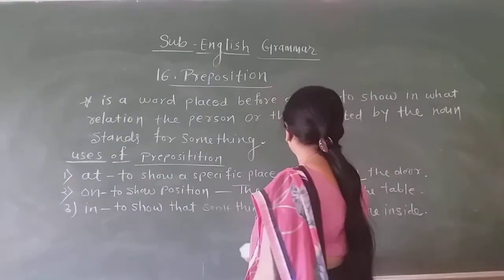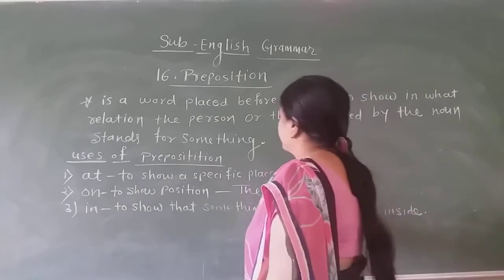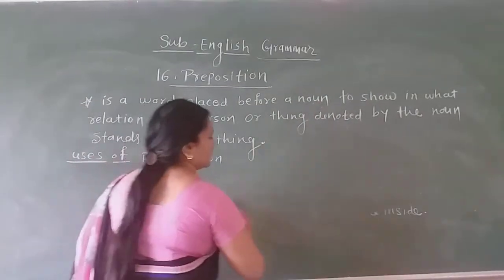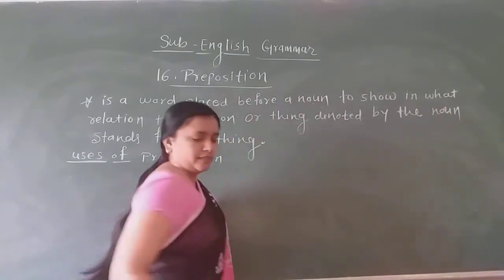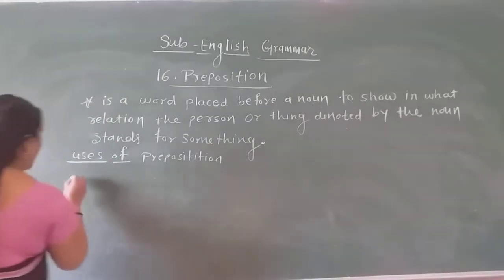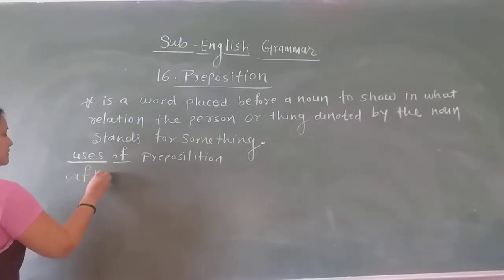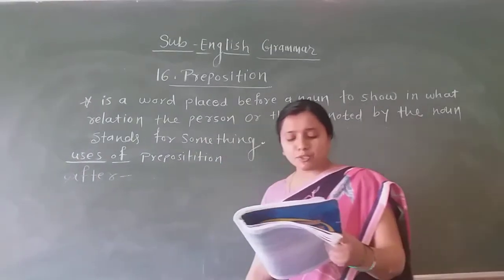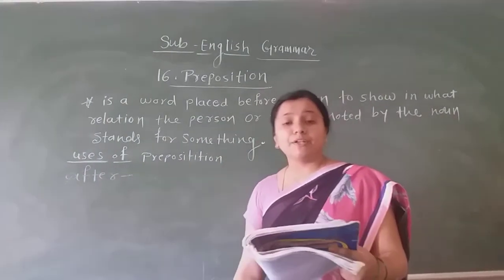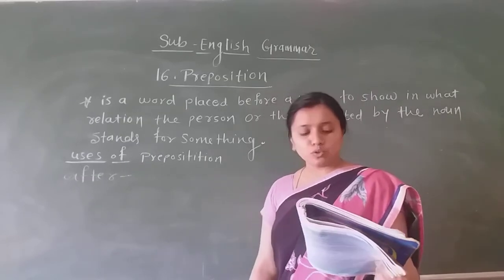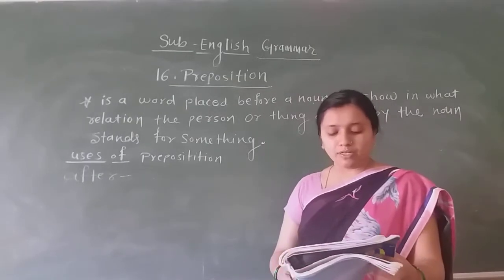Now let us see the next one. Next preposition is after. After is used to denote the end of a period of time in the past, while in is used to denote at the end of a period of time.